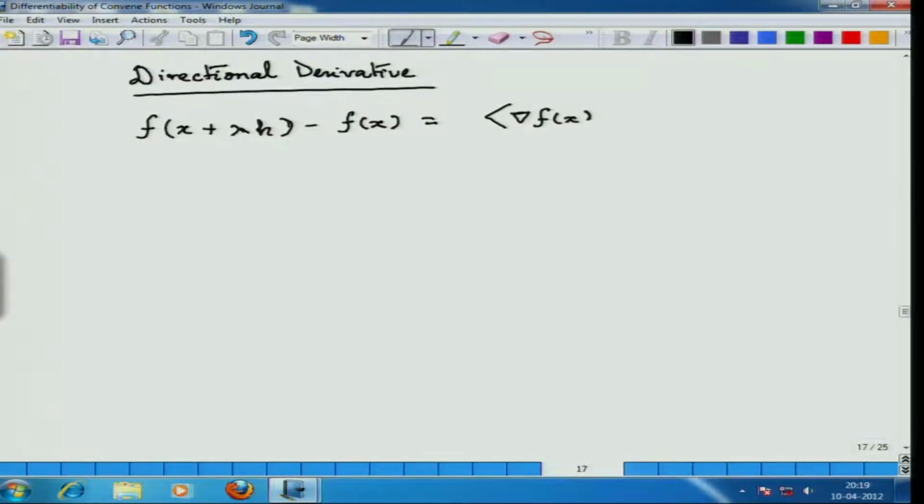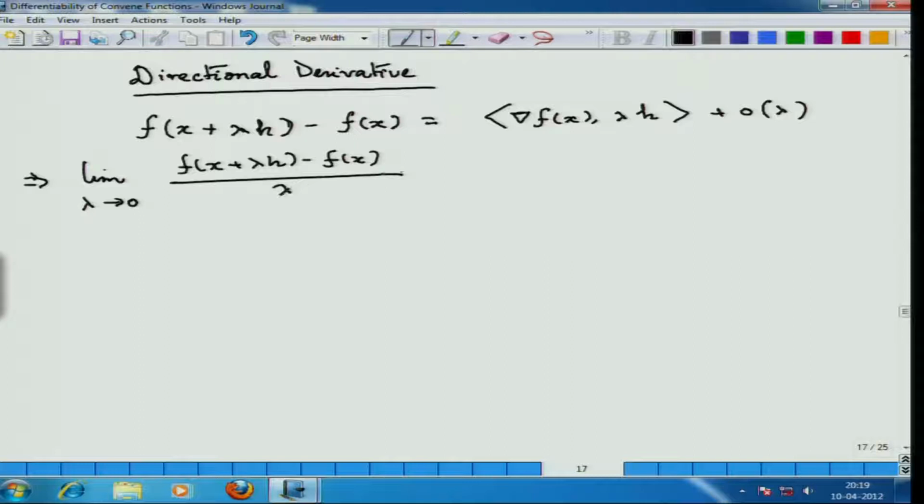I am just writing down the definition of the derivative, the limit as lambda goes to 0, because I will divide by lambda on both sides, and this will vanish and this is what I will have.